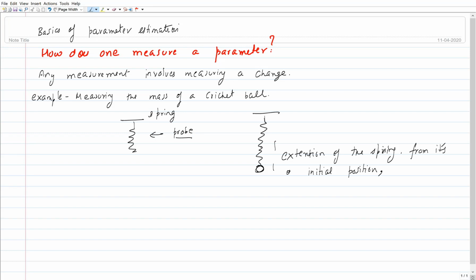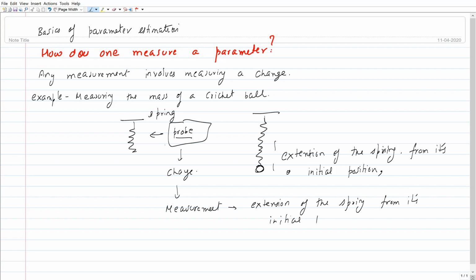Of course, in this particular experiment, I had a probe, I measured the change in that probe, and then I made a measurement.